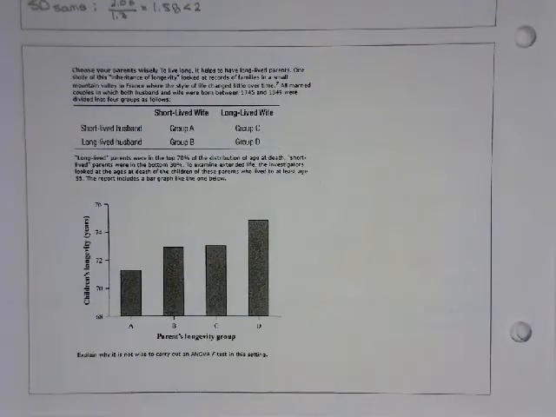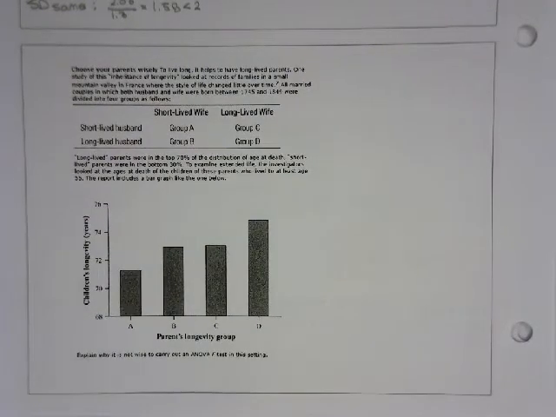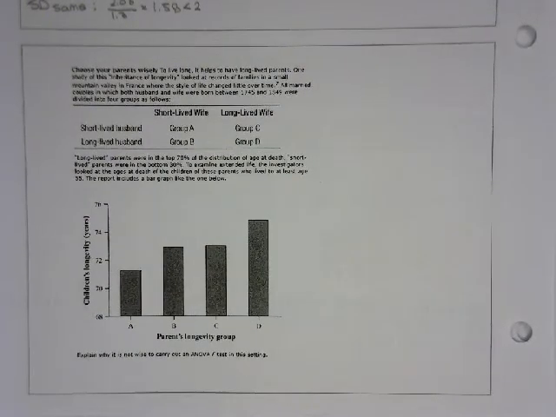All right. To live long, it helps to have long-lived parents. One study of this inheritance of longevity looked at records of families in a small mountain valley in France, where the style of life changed little over time.